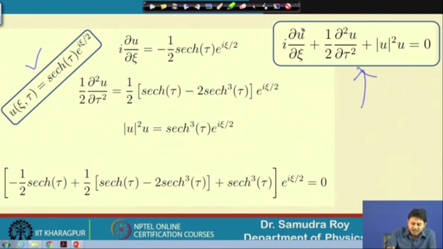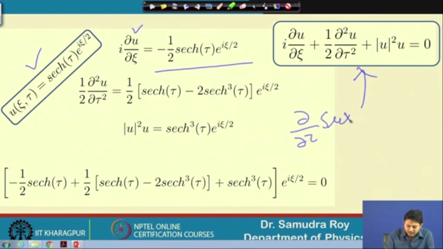The first term is i del u del xi. If I put this in, I will have minus half sec hyperbolic tau e to the power i xi by 2, quite easy. The next term is the double derivative with respect to tau. So, I need to make a derivative of sec hyperbolic tau.